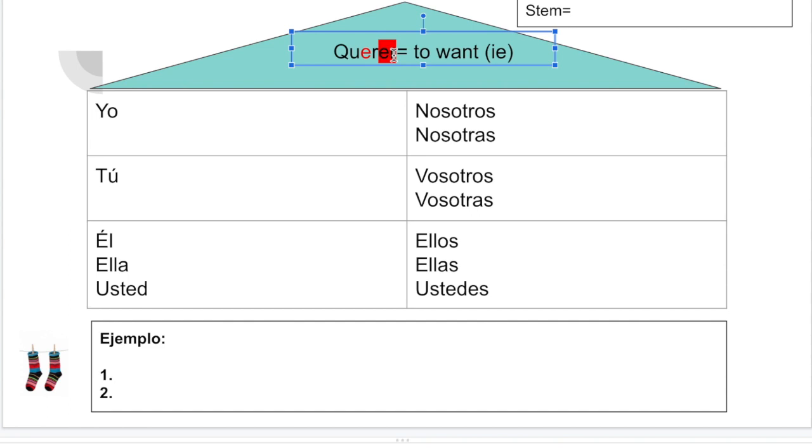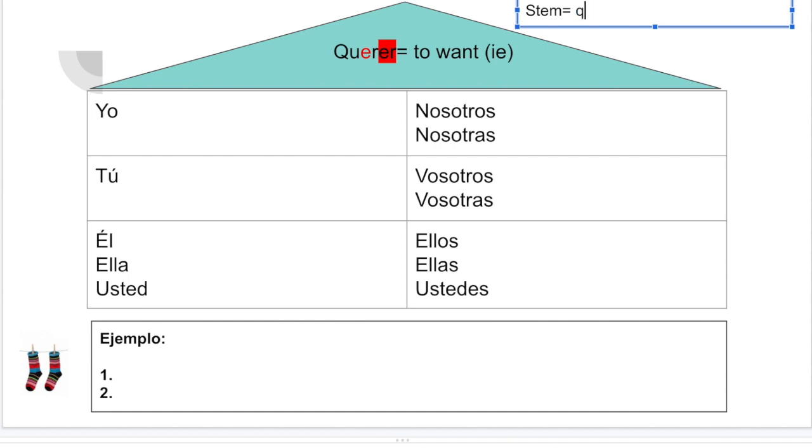So in Spanish, there are AR verbs, ER verbs, and IR verbs. So the endings change. So the new endings are, you're going to see which ones are: o, es, e, emos, en, and éis. So this is the stem.